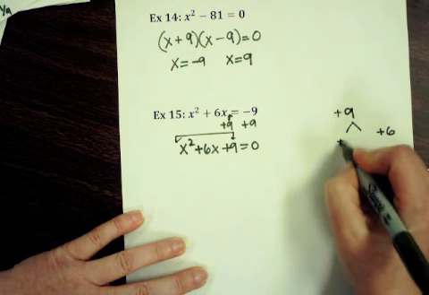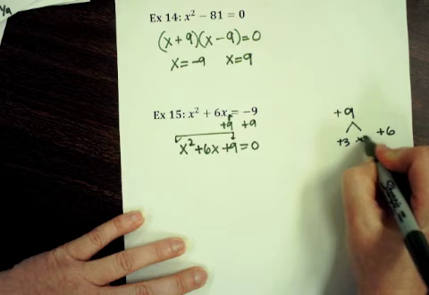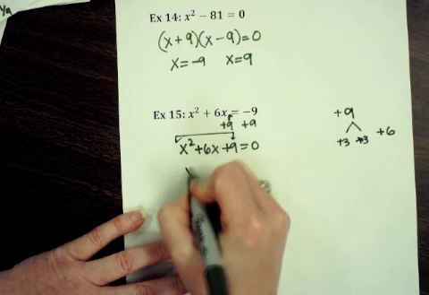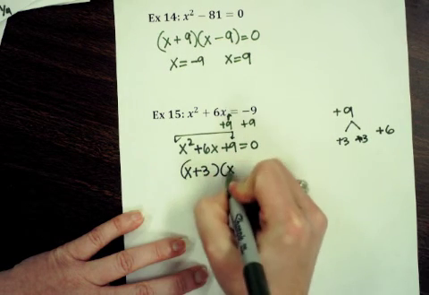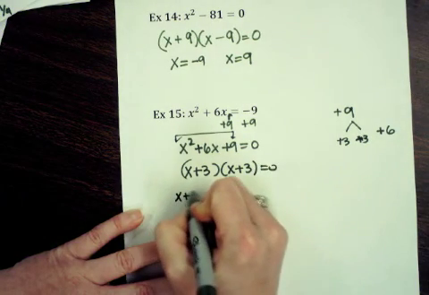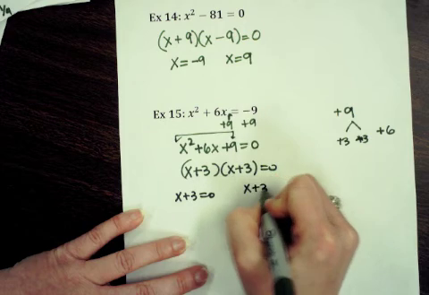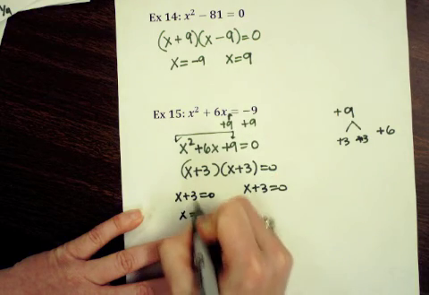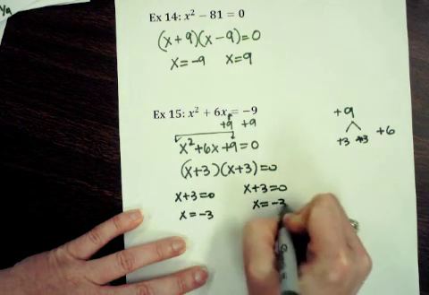And that's going to be 3 and 3. So x plus 3, x plus 3. So if I say x plus 3 equals 0, so x equals negative 3 and x equals negative 3.